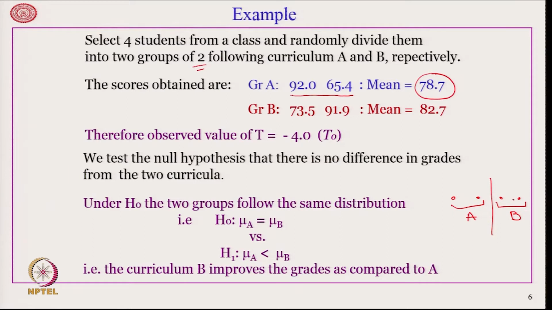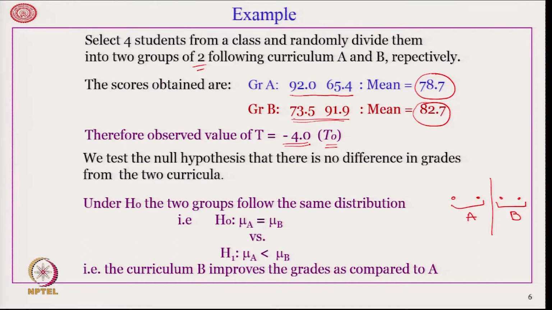On the other hand, the group B students, they have scored 73.5 and 91.9, and their mean has come out to be 82.7. Therefore, the observed value of t, which we are calling say t naught, is coming out to be the difference mu a minus mu b, which is coming out to be minus 4.0.